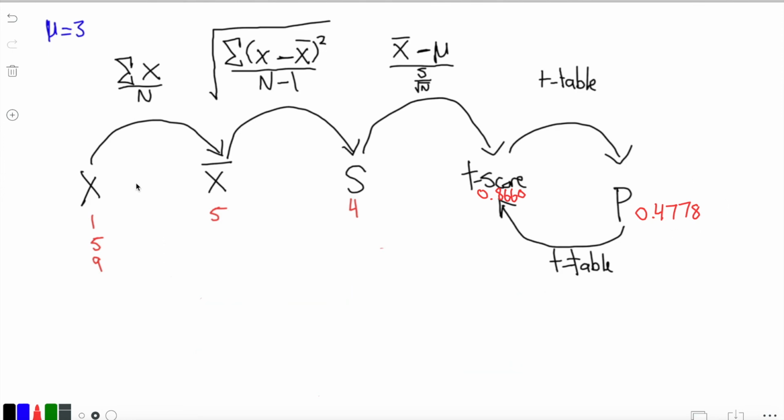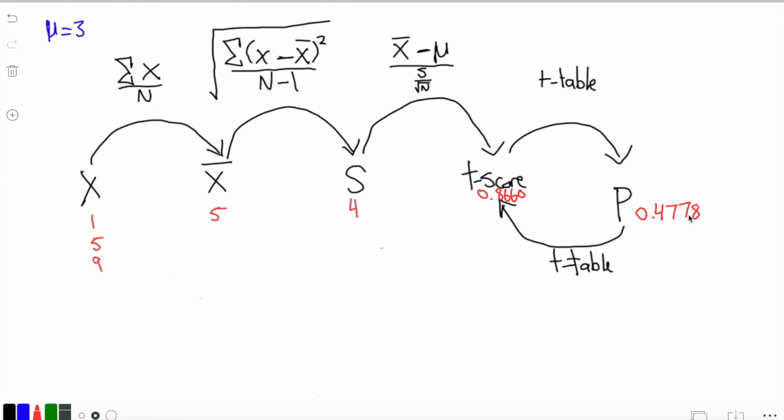So altogether, what we did is we started off with some observed scores. And then using this equation, we were able to determine the mean of these scores, and then the standard deviation with this equation. Using both the mean and the standard deviation, we were able to determine a t-score using this equation, and then using the t-table, we can come out with a p-value.